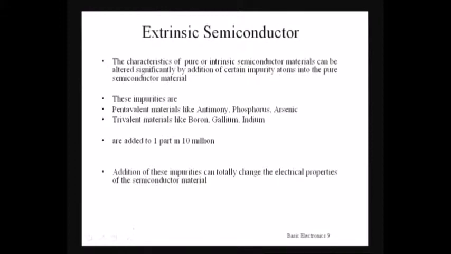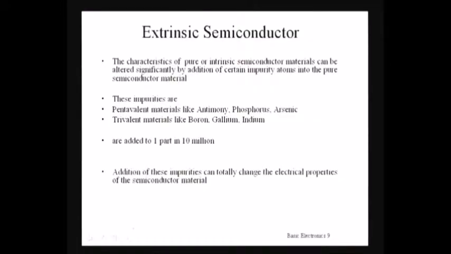But what type of impurities will be added to the purest semiconductor to make an extrinsic semiconductor are defined. Like we can add pentavalent impurity materials like antimony, arsenic and phosphorus, which are group 5 elements and have 5 electrons in the outermost orbit.